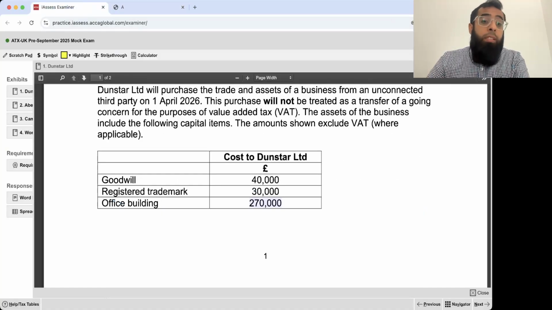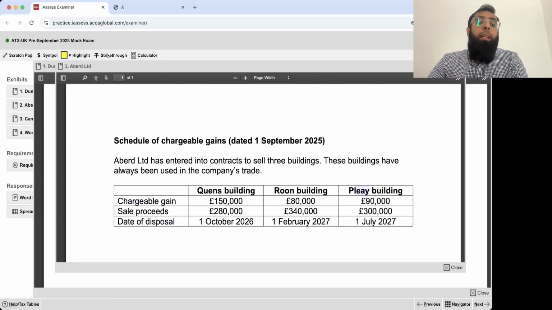So here Dunster Limited is buying the asset not from the group, but from unconnected people. Because if it were an intra-group transfer, there wouldn't be any gain on it. It is not an intra-group transfer. These are transactions from outside the group. It is purchasing the building and another group company is making the disposals, so the gain can be rolled over, it can be deferred.